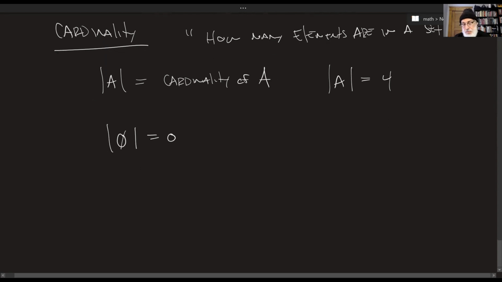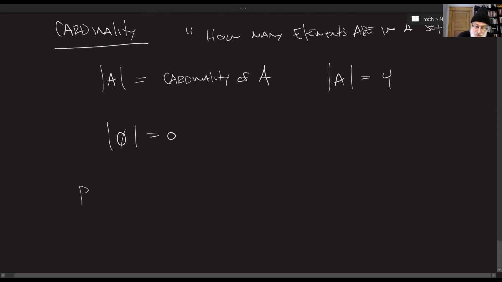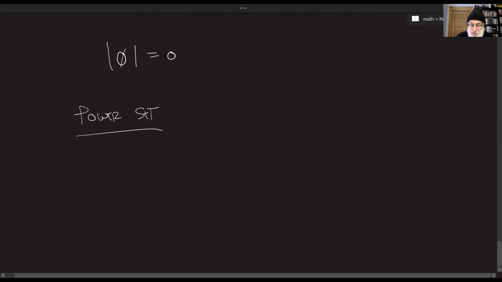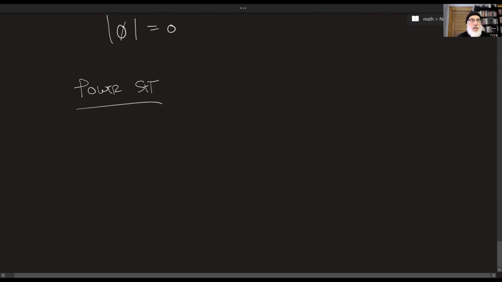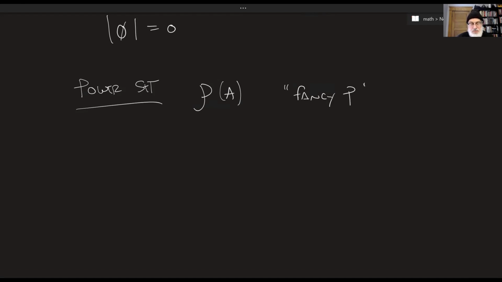Now, the reason that we just sort of jump through the cardinality is to talk about the power set, because there are some helpful things to remember with the power set. I'll write the notation. The power set of A, and here we have a fancy P, usually it looks like rho, but it's just a fancy P, denotes the power set of A. Now, what's the power set of A?